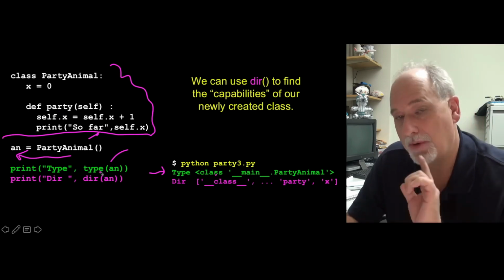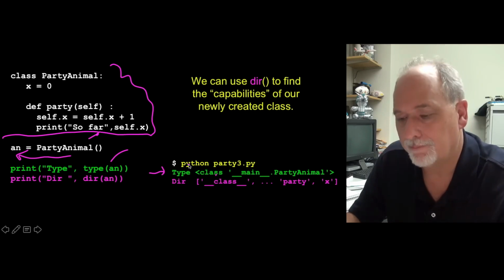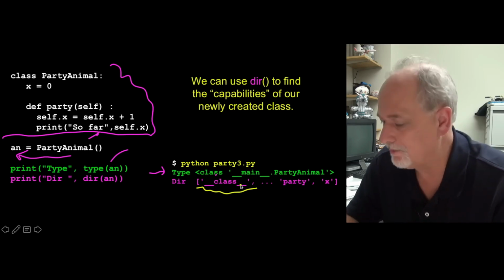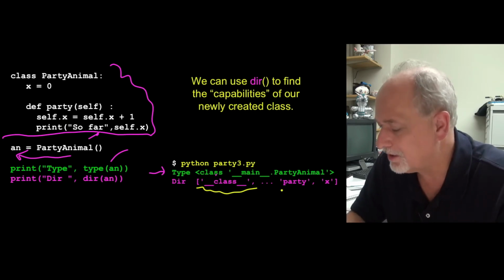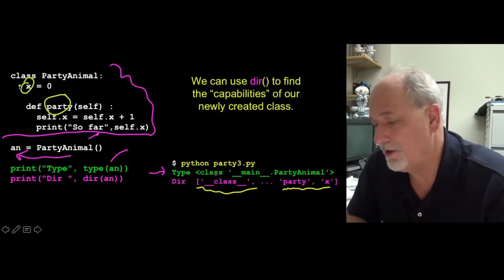And then we use the dir. Remember, dir looks for capabilities. And again, you will see a whole bunch of underscore things. They have meaning. You can look them up. But eventually, you'll see the two things that you've put in it. One is the method party, and the other is the attribute or field x.